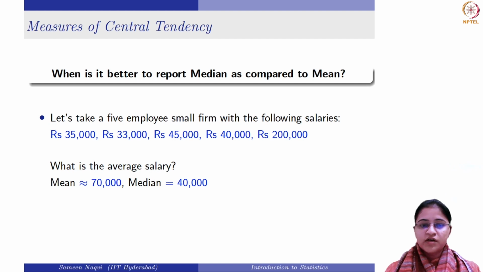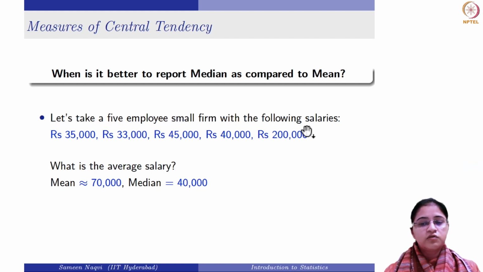What is happening over here? Here, you have one observation, this one salary, that is very high, maybe it is of some CEO. That is why it is pulling the mean towards itself, towards a higher end. This reflects that mean is very much affected by the extreme observations.